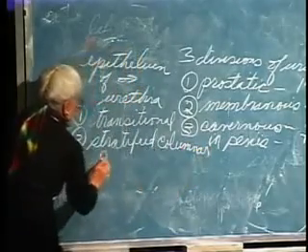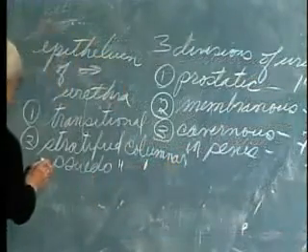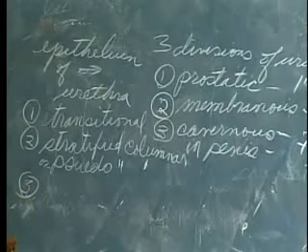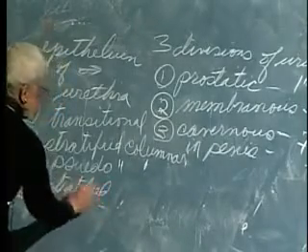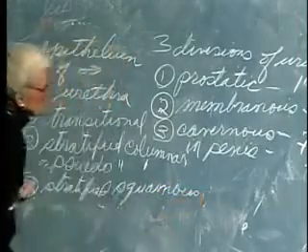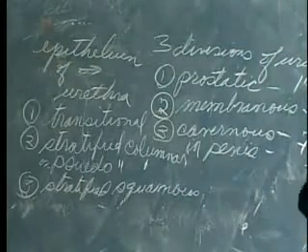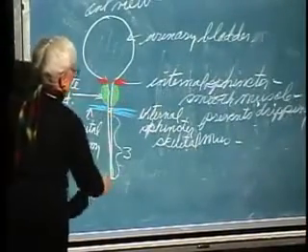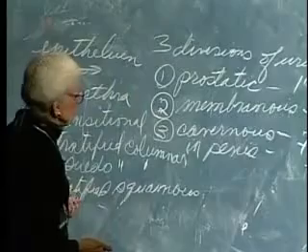Some say it's pseudo-stratified, so in case you read that. And then we have stratified squamous. But the urethra in the male will be used for both sperm. We'll show how the sperm come in. But when the sperm are coming in, this will close so that the urine does not occur at the same time that the semen is using the urethra. All right?